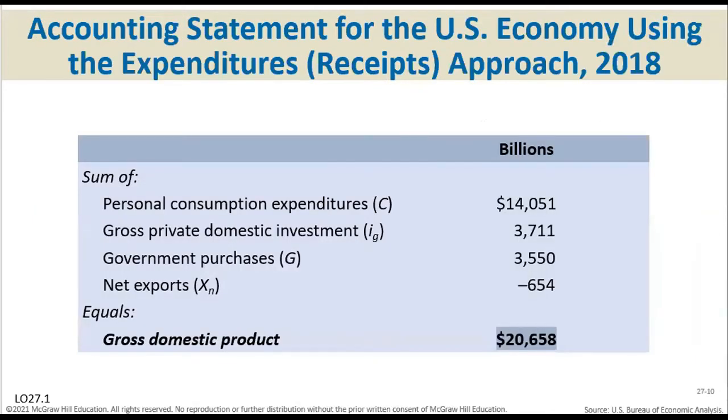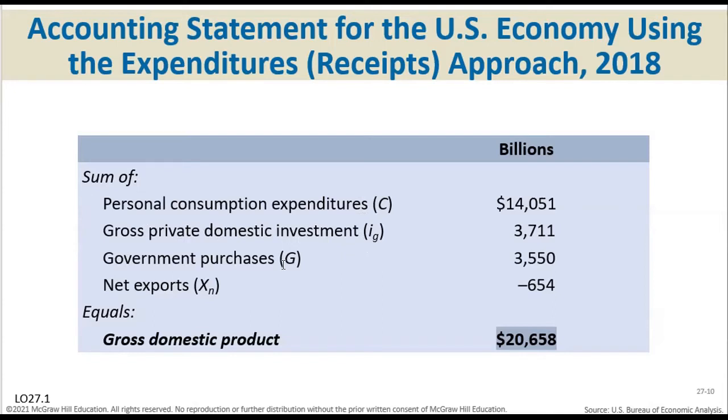So here is this table. I show you an example of an accounting statement calculating GDP for the U.S. economy in 2018 using the expenditure approach. So you have the C, personal consumption, gross private domestic investment, business spending.